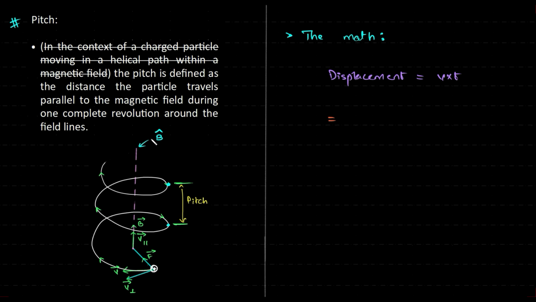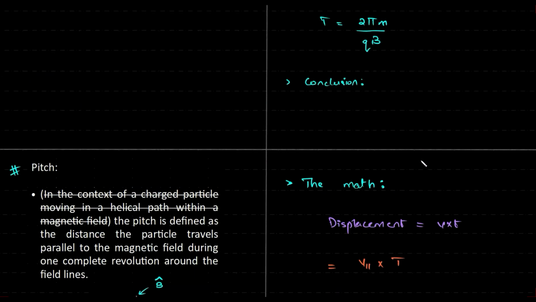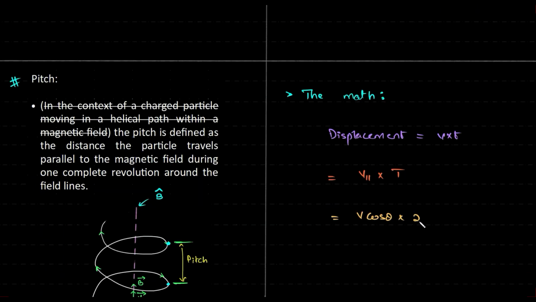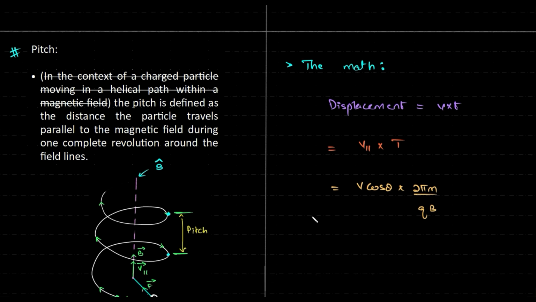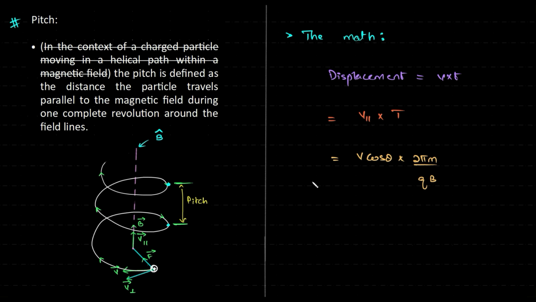What is the component upwards? It's the parallel component. So parallel component into your time period, right? What is the parallel component? v cos theta. What is the time period? We just saw, 2 pi m by qB. That's your expression. A bit of rearrangement, and that's your pitch value.